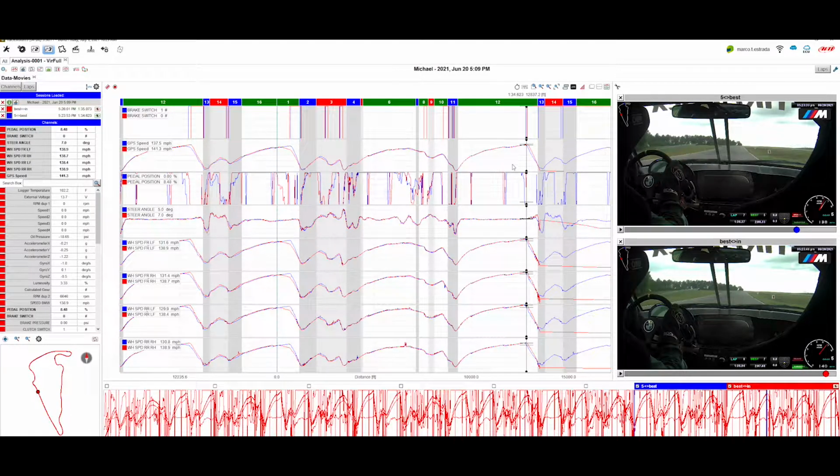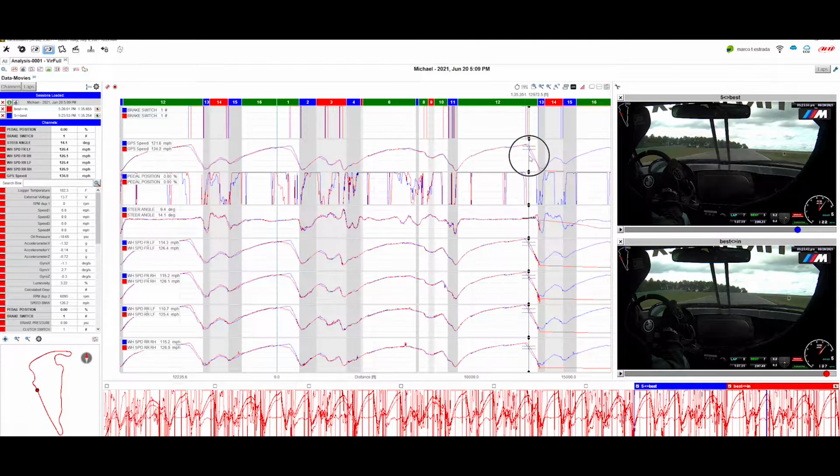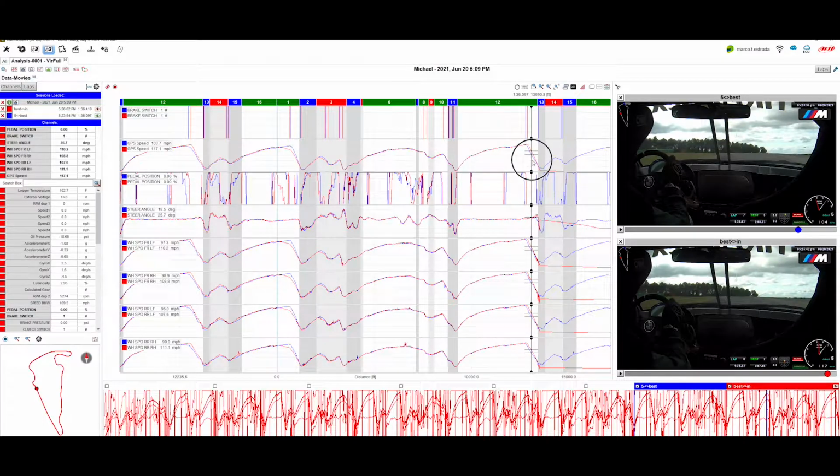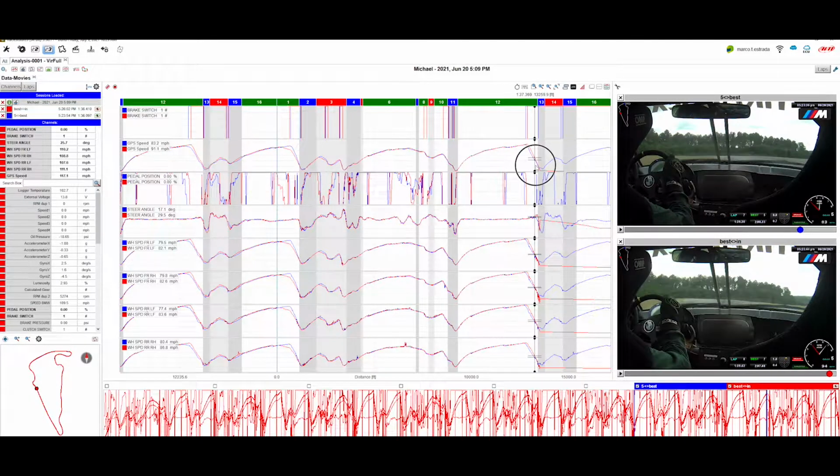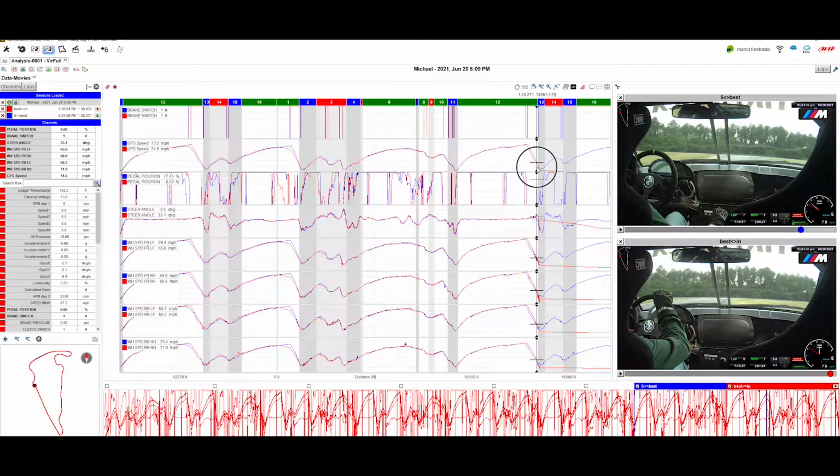Now the rate of the deceleration is the line going down here, as you can see. The rate is very similar all the way down to the point that they become equal, but you can see that the car is slowing down at the same rate. It's just farther into the brake zone, in a different place, right there.